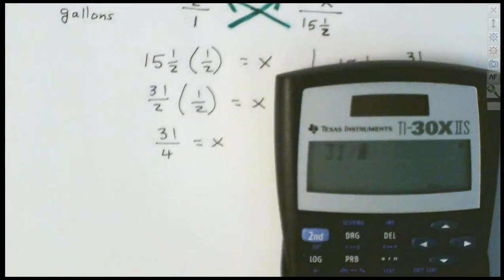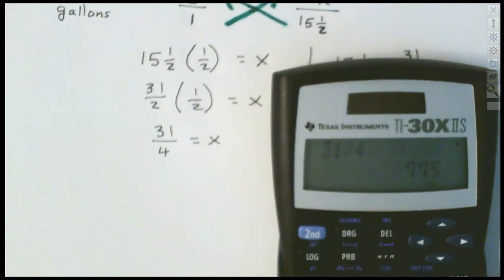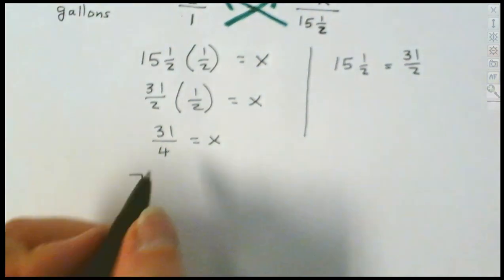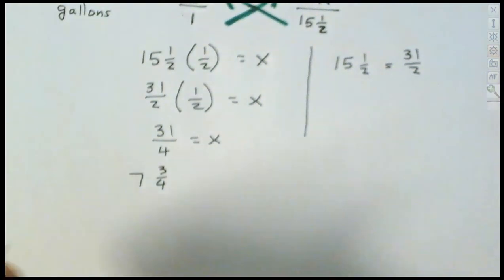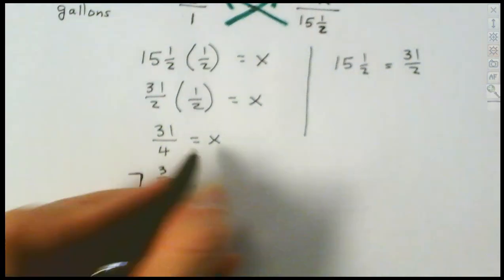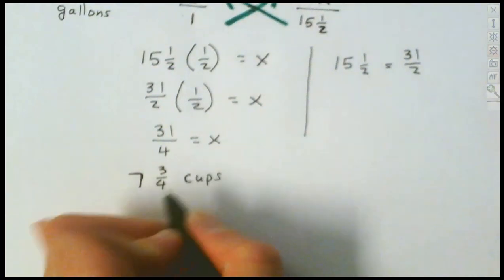So 31 divided by 4 is 7.75. That means we need 7 and 3/4, because that 0.75, remember, that's 3/4. So we need 7 and 3/4 cups of that cleaner fluid.